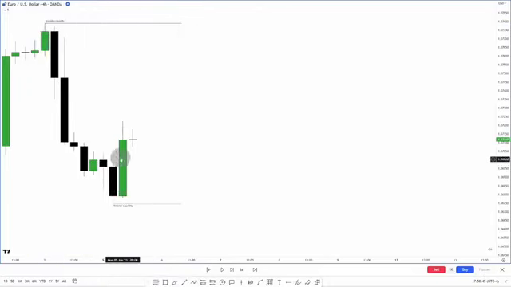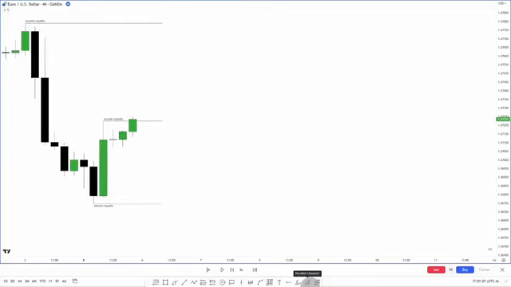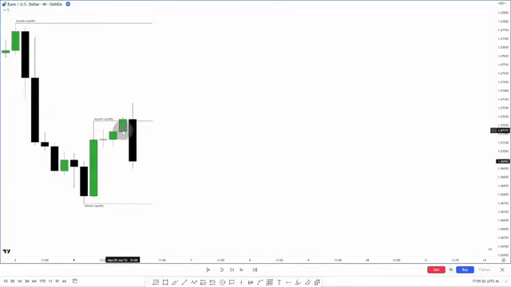Now, if you notice, what did we just put in? We put in another swing point because we have a high with a lower high on each side. So this would be considered buy side liquidity. Moving this forward, you can see price takes out this high.